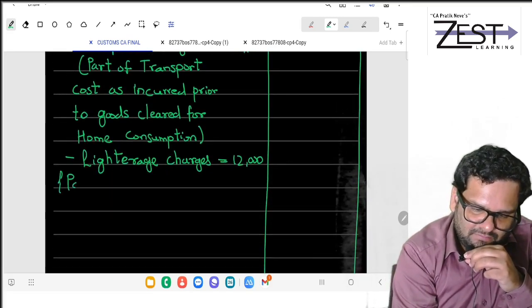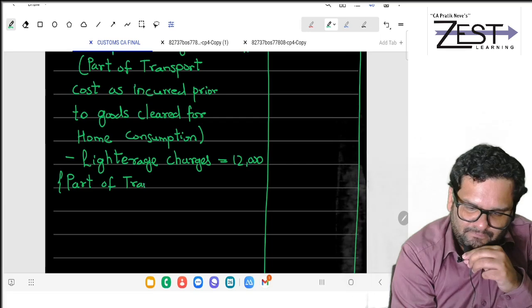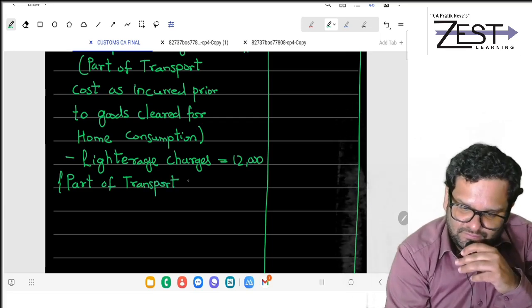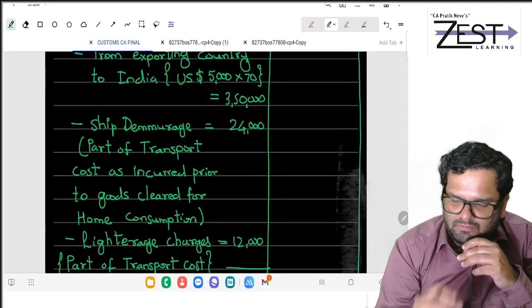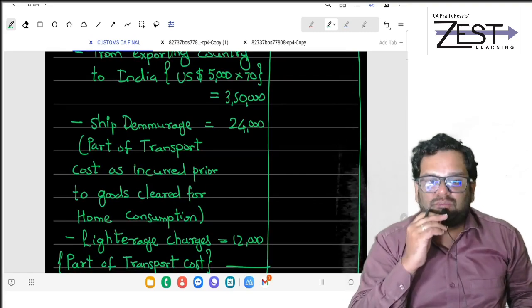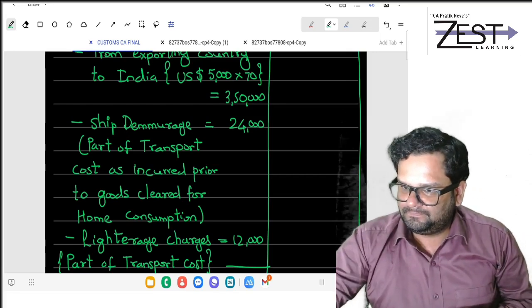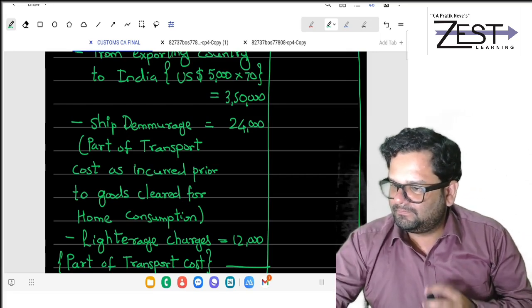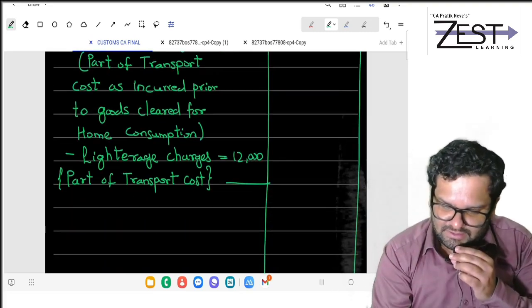They are again part of transport cost. So what is the total, by the way? 350 plus 24,000 plus 12,000, 3,86,000.